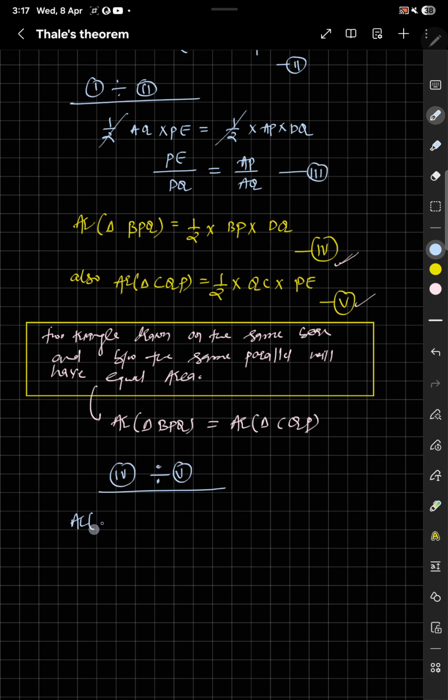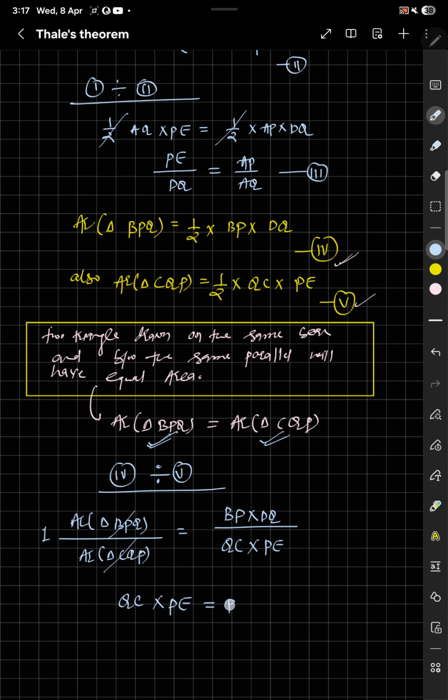What you get is area of triangle BPQ by area of triangle CQP is equal to BP into DQ upon QC into PE, right? We know the areas of triangles BPQ and CQP are equal. It means this will get cancelled out and we get 1. So QC into PE is equal to BP into DQ.